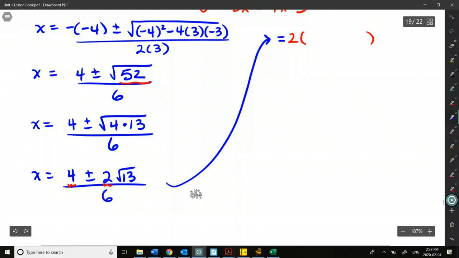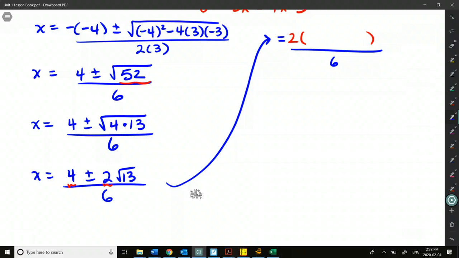We'll write what's left. So 4 divided by 2 will give us 2. And I took out a 2 from 2 root 13, so we're just left with root 13.